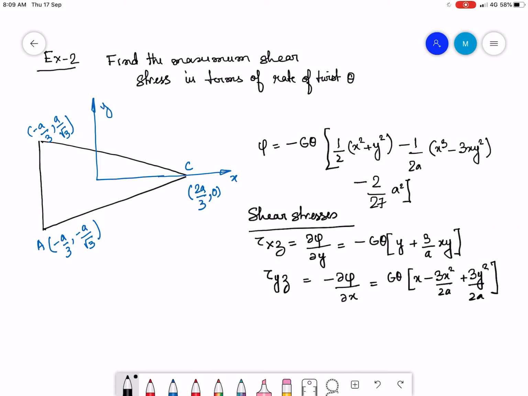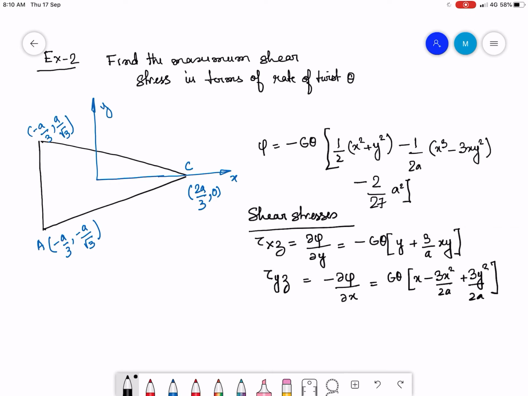Now that we have got the expression for the shear stresses, let us use membrane analogy to see the point where the maximum shear stresses can happen. If I imagine the analogous membrane, we can understand that the maximum shear deformation, or the maximum slope of the deformation of the membrane, is going to happen at the midpoint of the three sides of the triangle. Right?